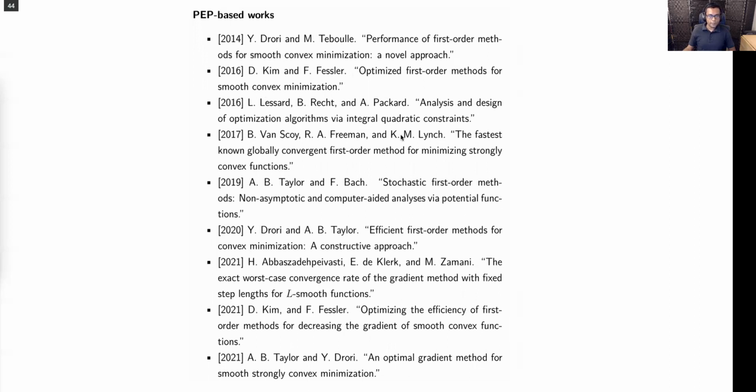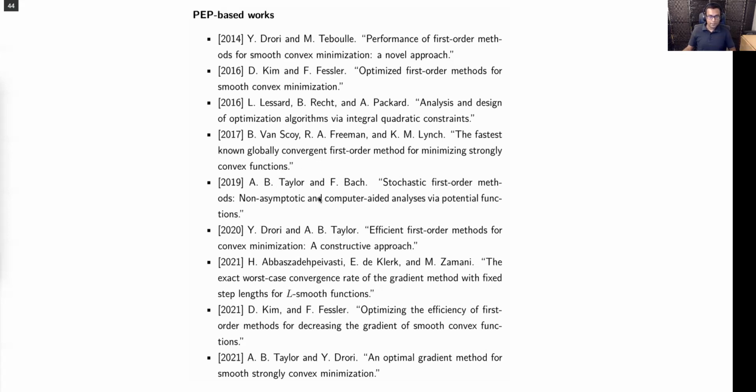Then there have been a few works in the integral quadratic constraint community, which also use computer-assisted proofs to discover better methods. These two are representative of IQC.